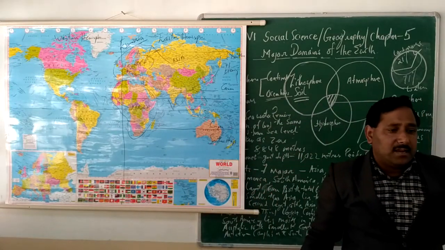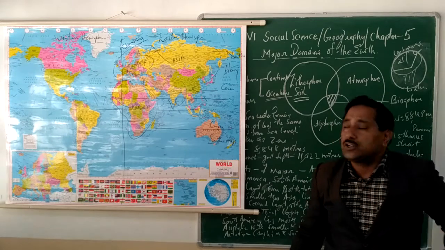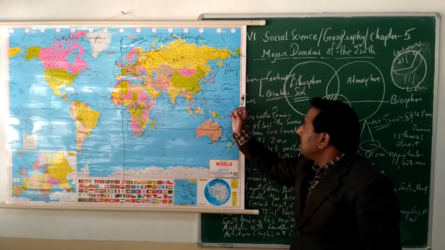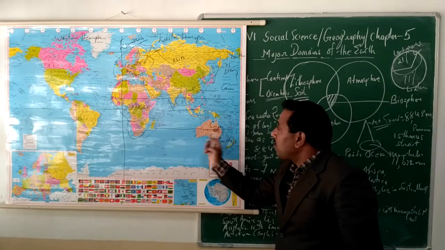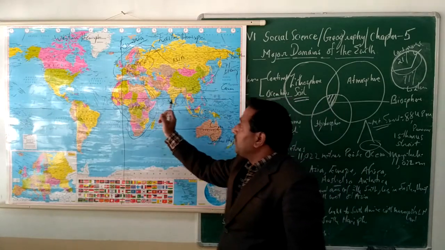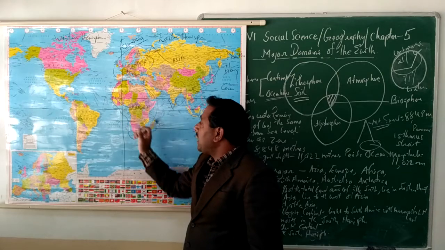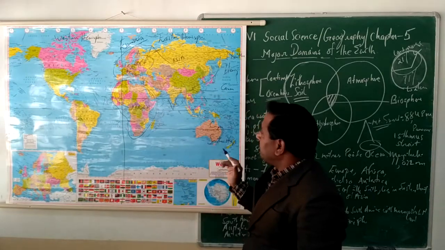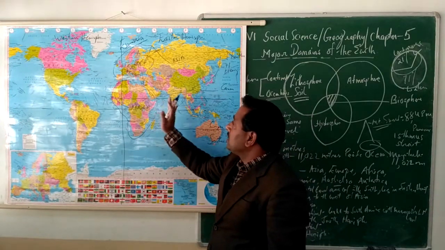you will find that it is the only continent through which the Tropic of Cancer and Capricorn, which I have already discussed, pass. You will find that these three important lines of latitude pass through this continent.